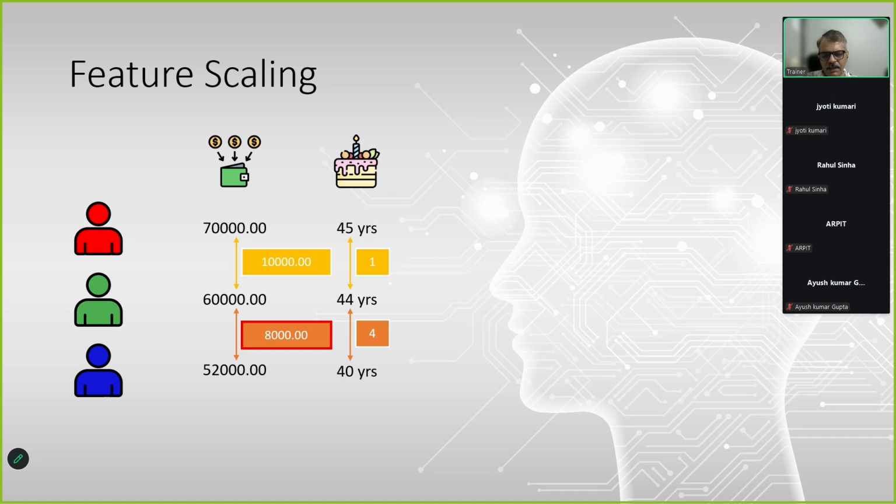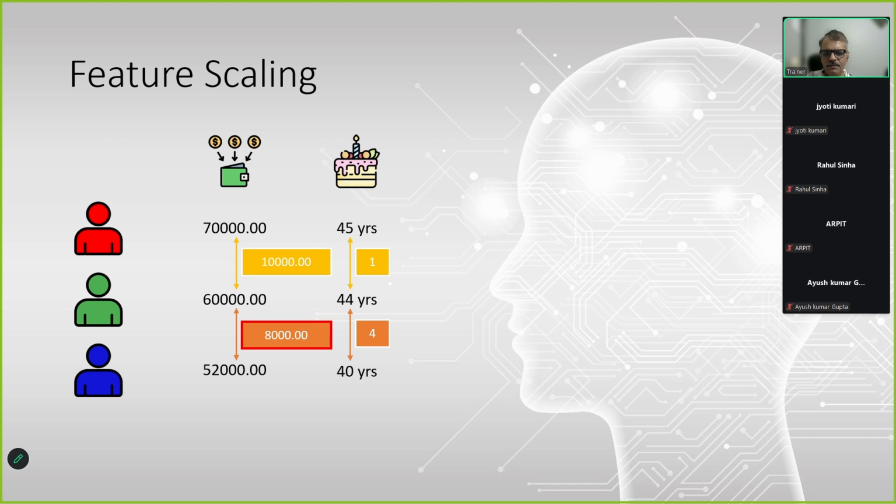So right now we are comparing what? Salaries to age, actually. So it is like comparing apples and oranges. These are not comparable things. Salary and age cannot be compared, right? So this is like comparing apples and oranges, correct?